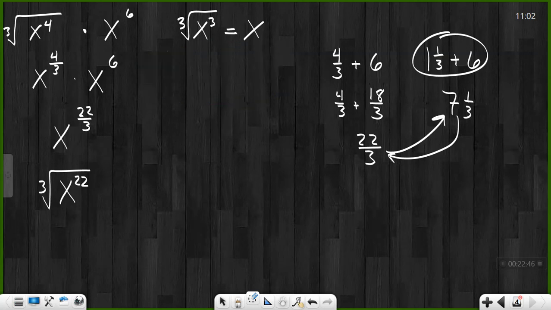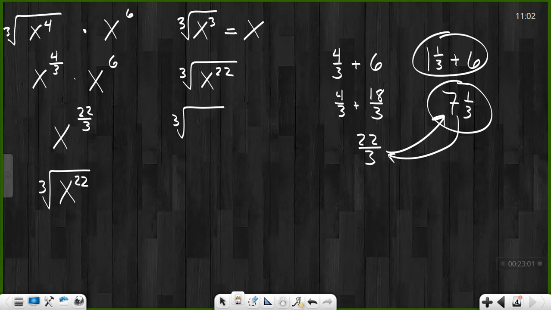Instead of simplifying going that route, I could identify that being that 22/3 is 7 and 1/3, that means that the cube root of x to the 22nd could be rewritten as the cube root of x to the 21st times the cube root of x. Now, what does that really tell me here?